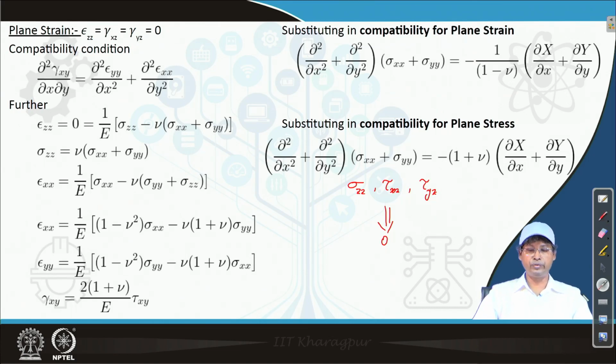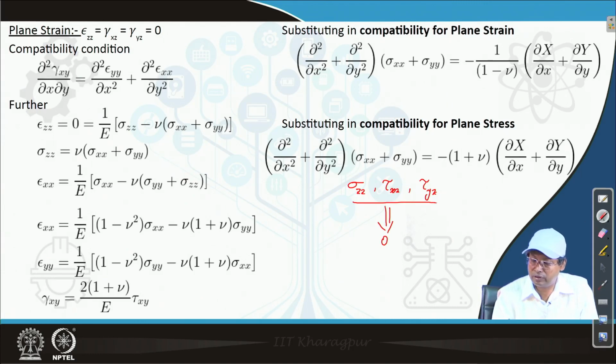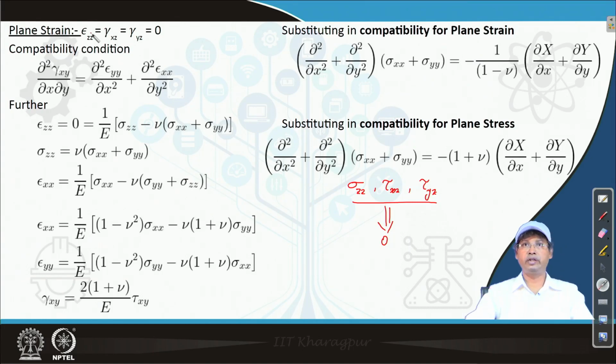Now, let us find the similar one for plane strain. It has been described many times that it is similar to plane stress, but only the third direction component of strain is restrained, it is considered as 0.